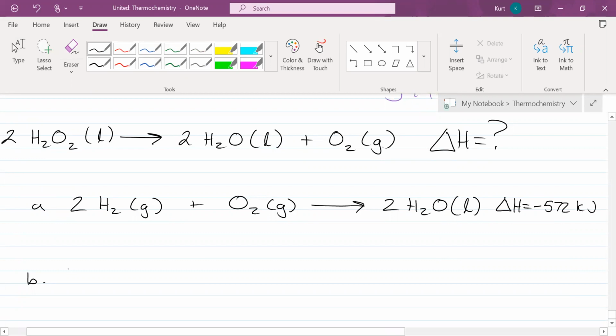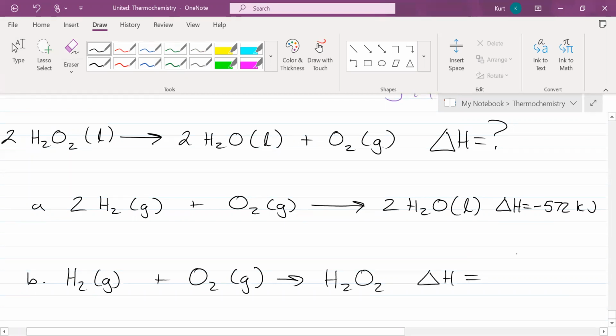And then the second equation is 1 mole of hydrogen gas reacts with 1 mole of oxygen gas to yield 1 mole of hydrogen peroxide. And the change in enthalpy here is going to be negative 188 kilojoules.